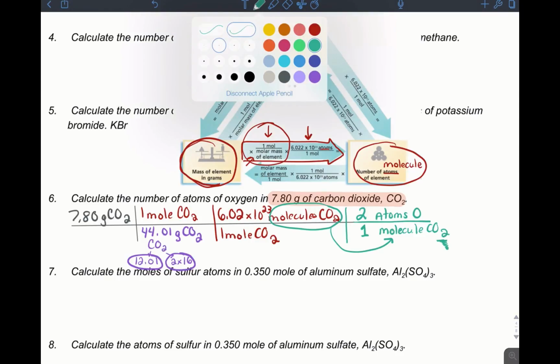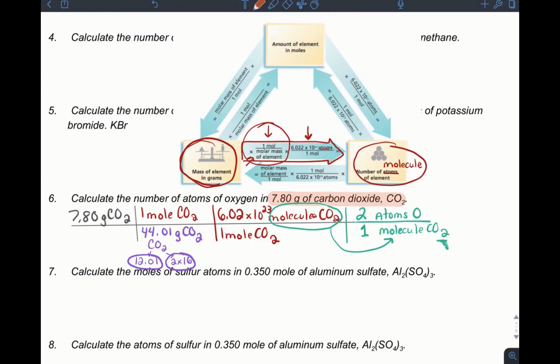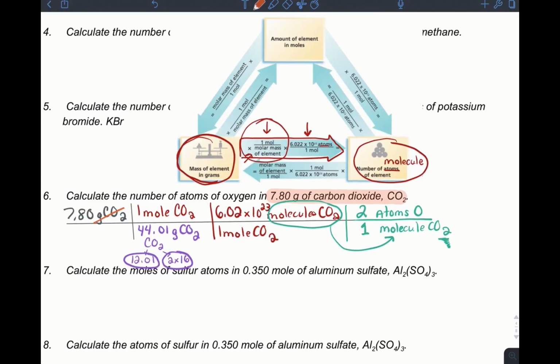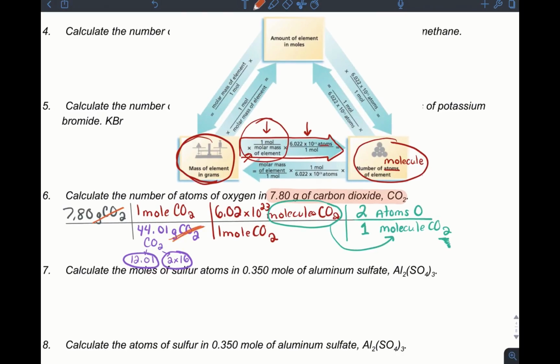Now if we take just a second and we cross out units, grams, those are gone. Moles, they're gone. Molecules, carbon dioxide, they're gone. And the only thing you're left with is atoms of oxygen. So how do you plug that into the calculator?